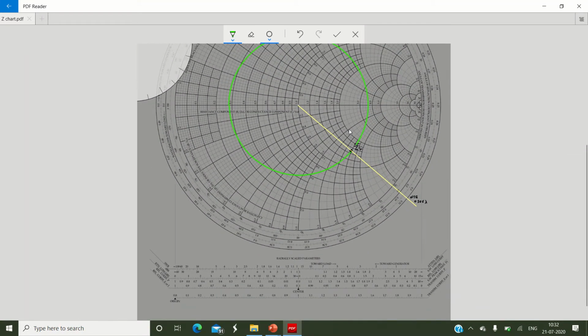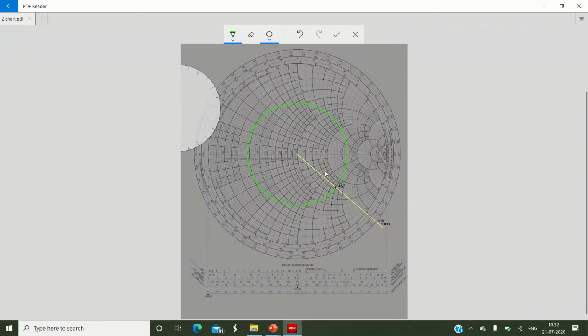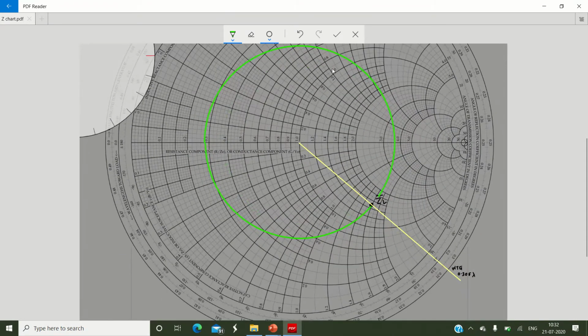Now you know where the unit resistance circle is located. It is this particular circle. When I start tracing the VSWR circle clockwise from ZL bar in this way, I will cut the unit resistance circle somewhere. Denote that point with point number 1.